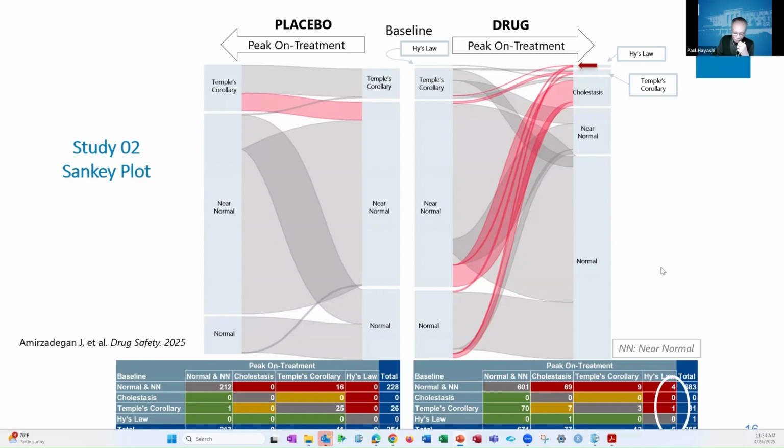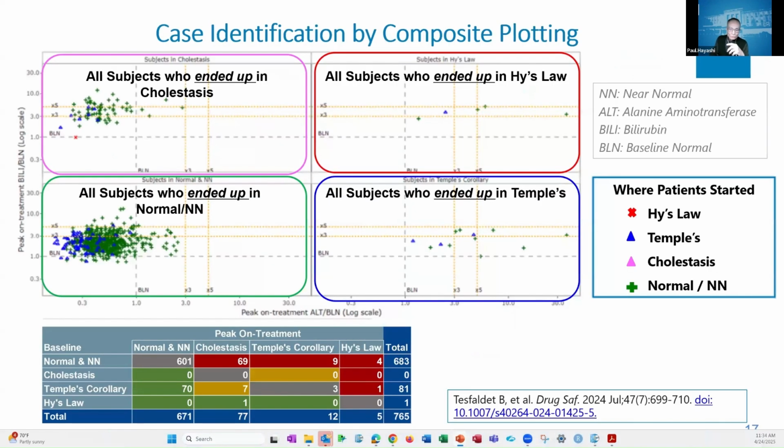So for this third function that we want to replicate from eDISH, we reached back to a paper that was published by our group a little bit earlier last year. And this is case identification by composite plotting. It's a little difficult to digest, but I'll walk you through it.